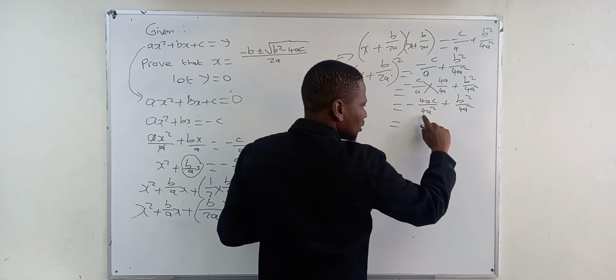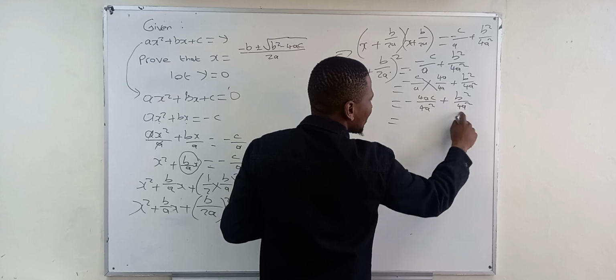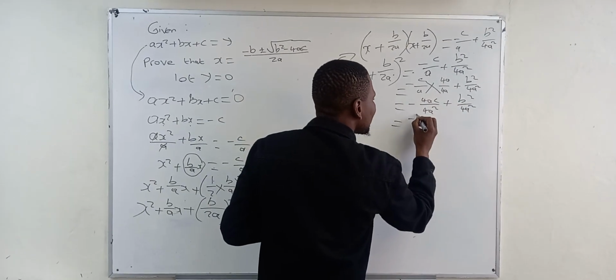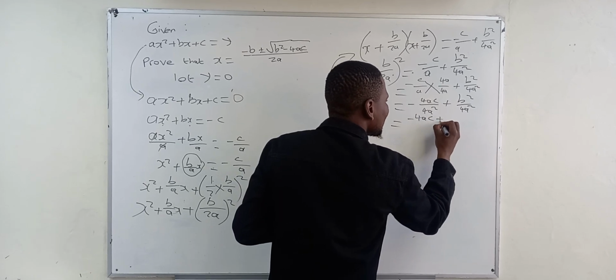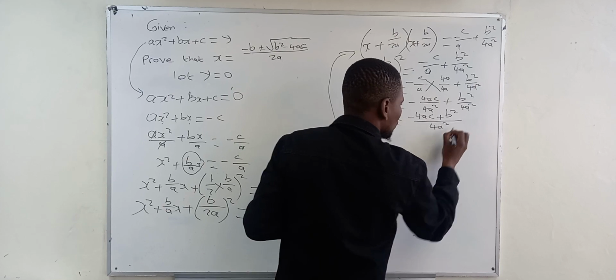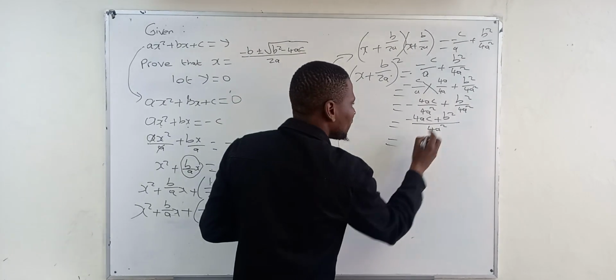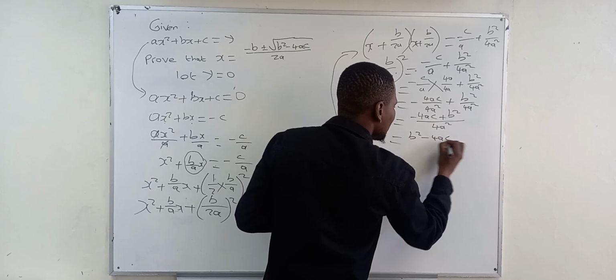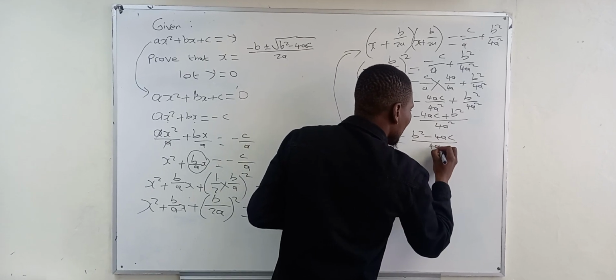So if we have the same denominator like this, we have to add our numerators. So we'll be having what? Minus 4ac plus b squared over 4a squared. So you can simplify this by writing it like this: b squared minus 4ac over 4a squared.